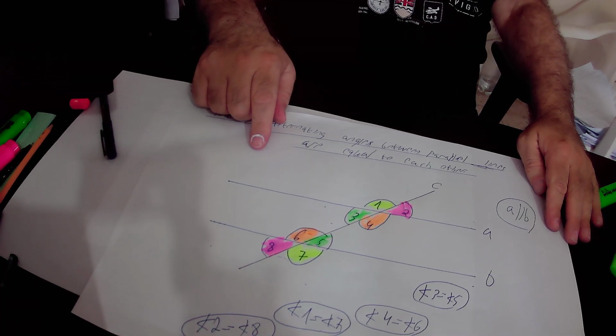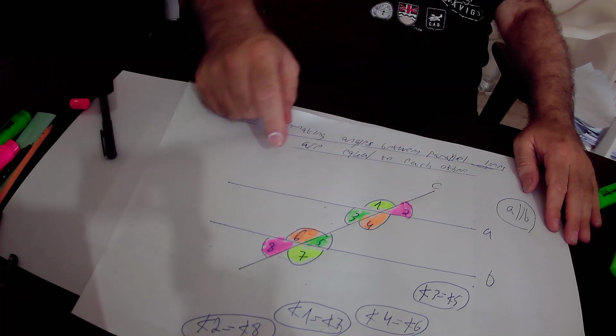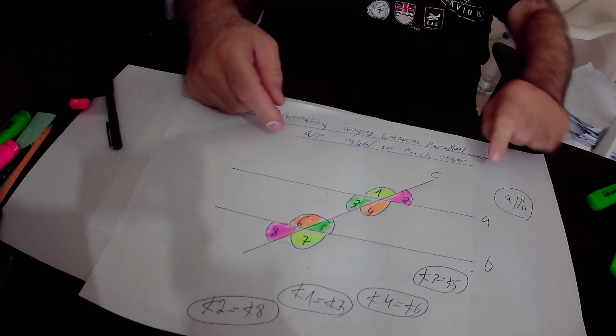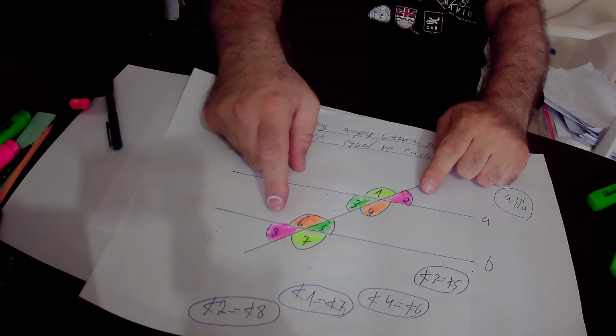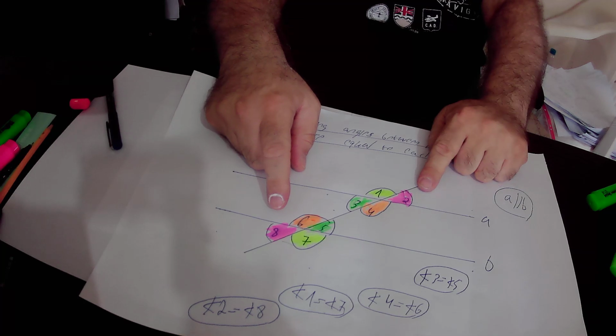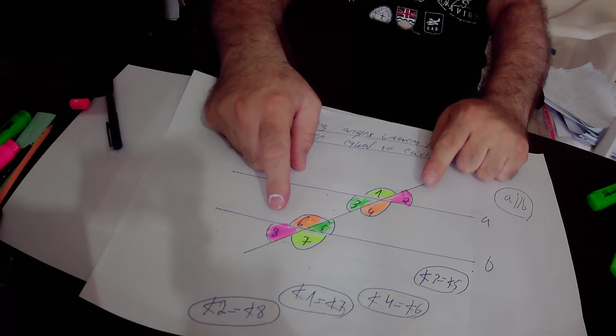Here, line A is parallel to line B, and those two pink angles are defined as alternating angles, and they are located between the parallel lines A and B, therefore they are equal to each other according to rule number 9.